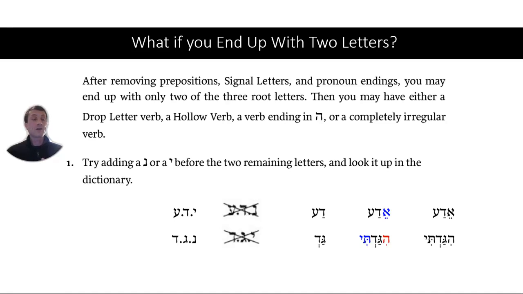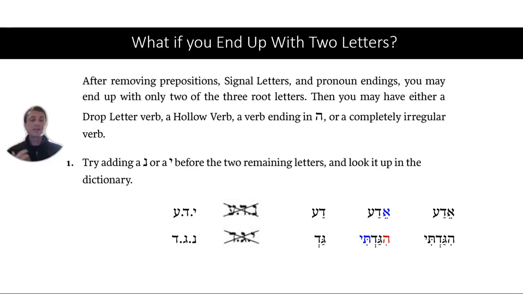You have a hollow verb, right? A middle vav or yod. Or it could be a third hey verb. Or it could be completely irregular. So it's helpful to know what the options are. If you're missing a letter, it's either a drop letter verb, a hollow verb, it ends in a third hey verb, or it's a completely irregular verb.